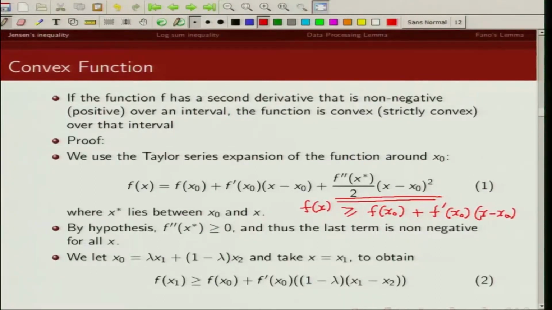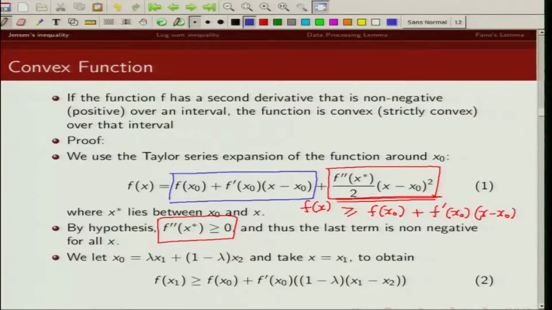This follows from the fact that since this term is non-negative, f of x will be greater than or equal to this term.